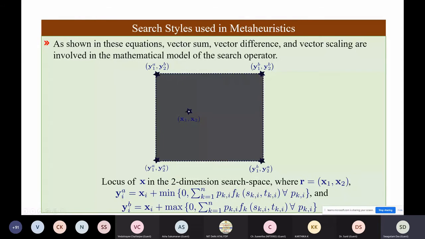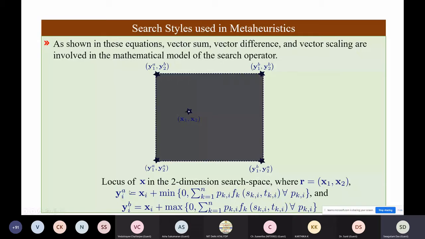If your pk times fk summation is negative, it will take a negative value, otherwise it will take a positive value. So YIA is the minimal value of the perturbed solution points, and YIB is the maximum value of the perturbed solution points.